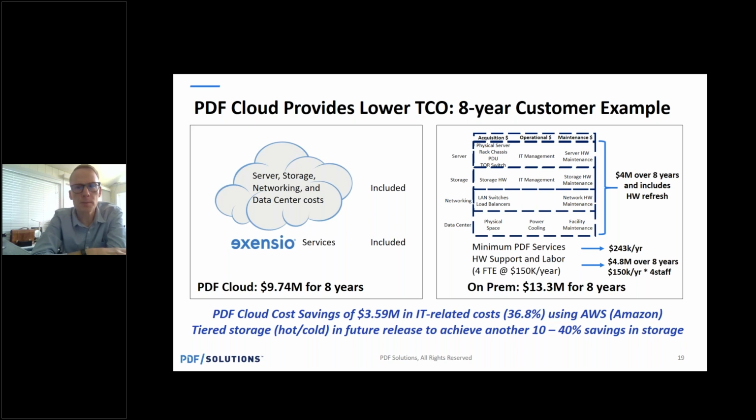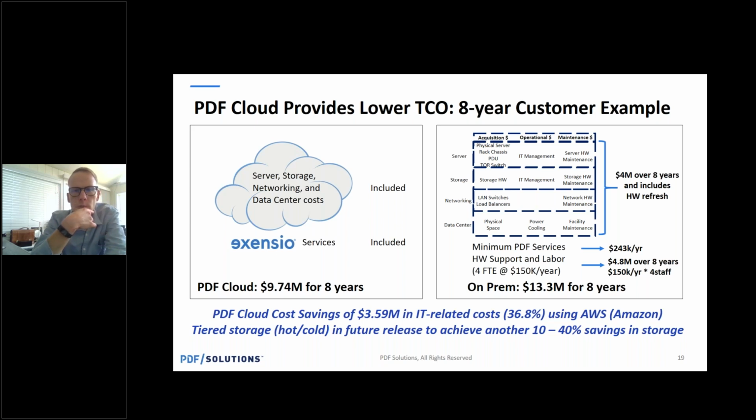So from a cost savings perspective, let's take a look at a typical total cost of ownership analysis. Here's an actual customer example of the types of savings that the PDF cloud can achieve. This was a customer that asked for an 8-year TCO. We always include one natural hardware refresh in a TCO scenario like this, which increasingly is becoming 5 years, if not more.